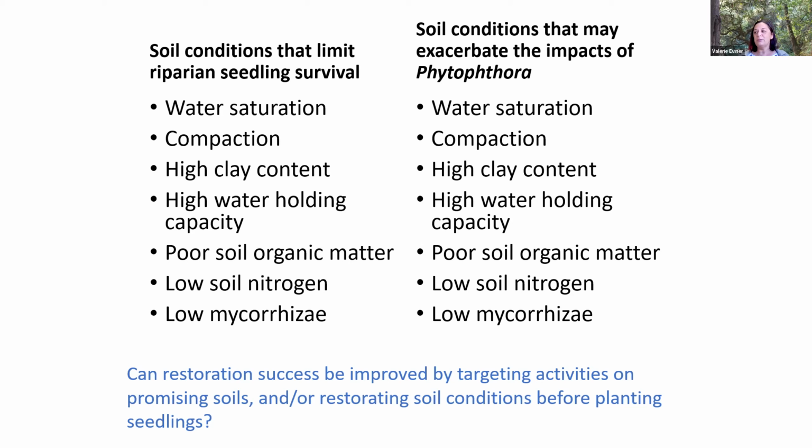So things like higher water holding capacity, which might be enhanced by organic matter. And so our question became, can restoration success be improved by targeting activities on promising soils? So just picking the most promising sites, and or restoring soil conditions before planting seedlings.